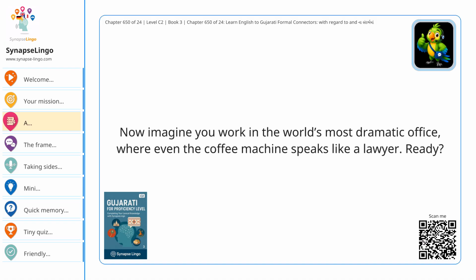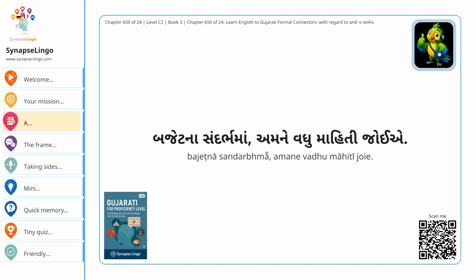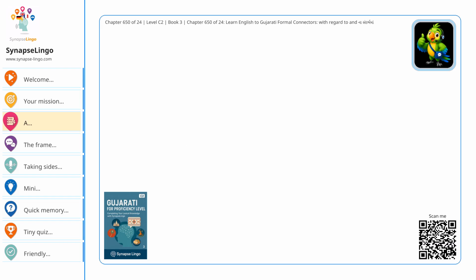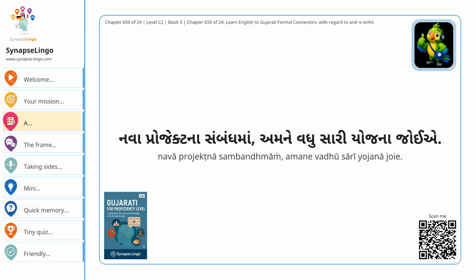A suspiciously formal office story. Now imagine you work in the world's most dramatic office, where even the coffee machine speaks like a lawyer. Ready? On Monday morning, the manager stood up and said, with regard to the budget, we need more data. In Gujarati, that is: બજેટના સંદર્ભમાં અમને વધુ માહિતી જોઈએ. Then the assistant replied, in relation to the new project, we also need better planning, or: નવા પ્રોજેક્ટના સંબંધમાં અમને વધુ સારી યોજના જોઈએ.